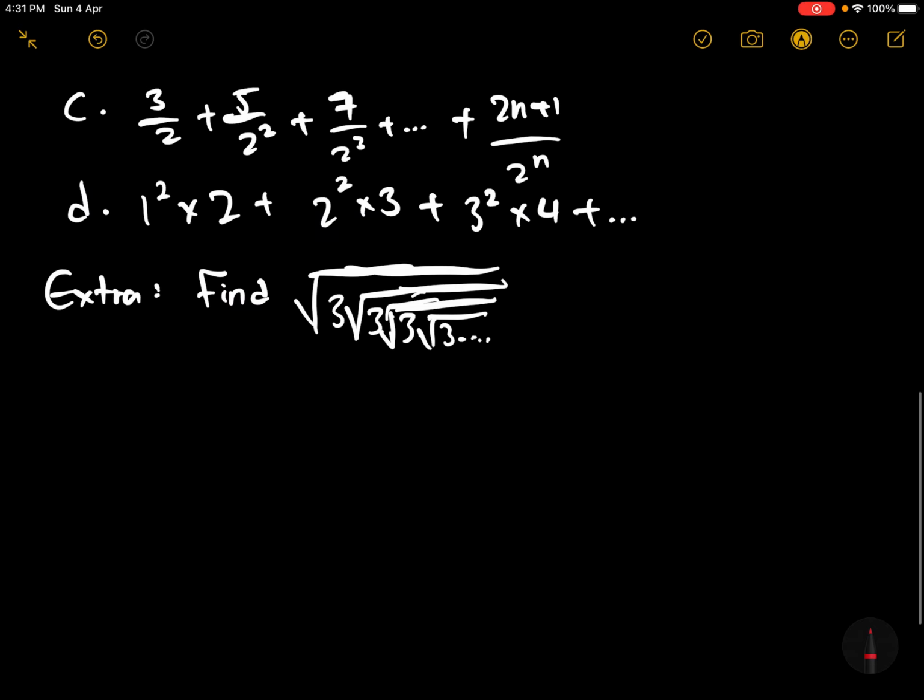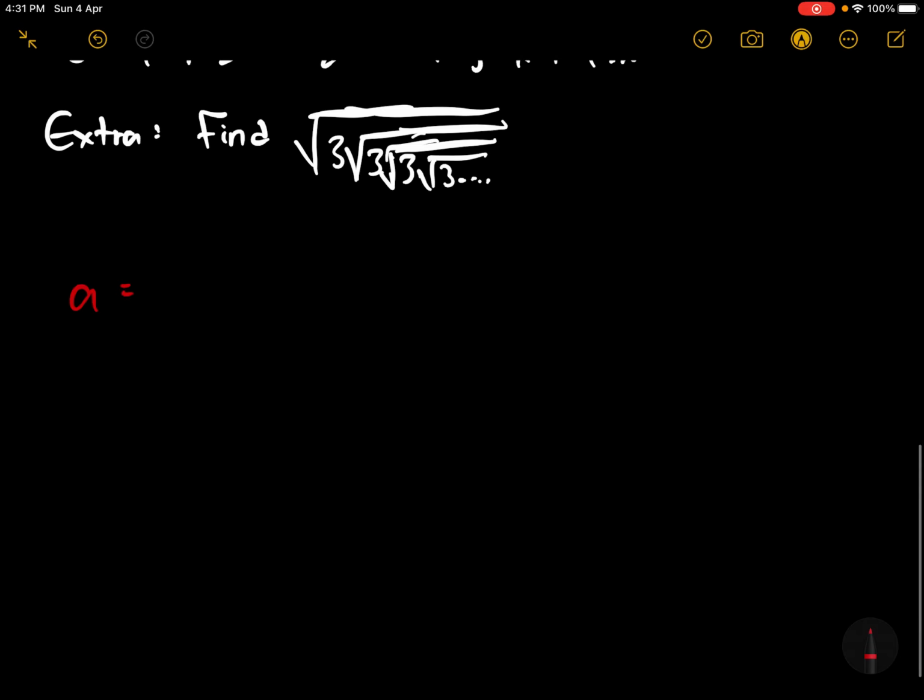So you can split A up: it's 1 plus 1 over 2 plus 2 plus 1 over 4 plus 3 plus 1 over 8 plus dot dot dot.